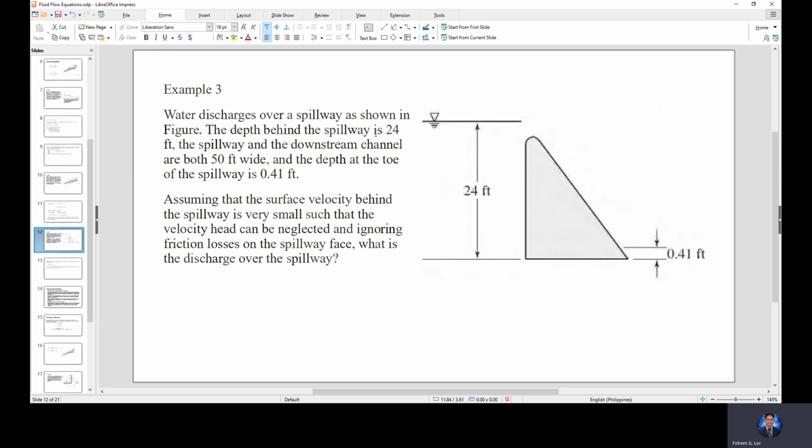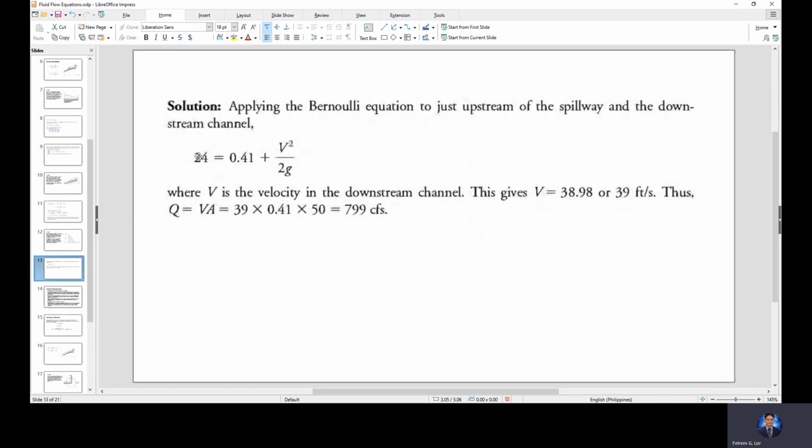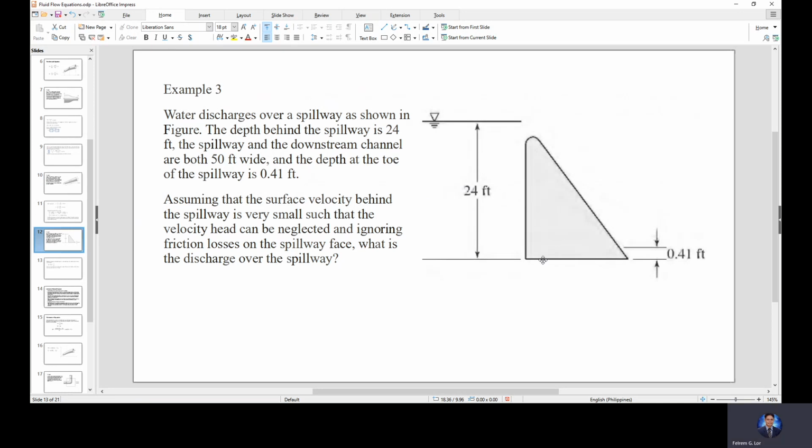So we can neglect the velocity at point 1. Velocity is 0 and pressure is 0. That's why what remains is only the elevation head, which is 24. We consider this one as our datum.